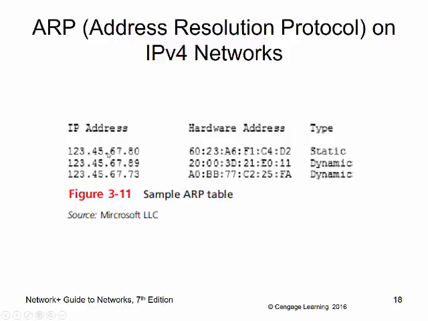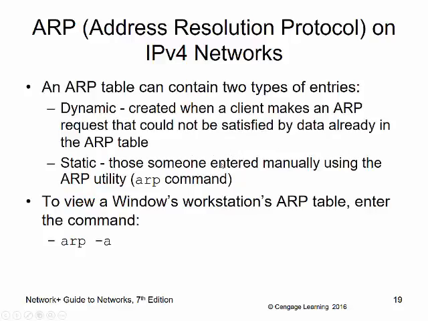A static ARP table entry. That means as long as it has this information, it'll never do an ARP broadcast to resolve those particular addresses. Thing is, layer 3 addresses, IP addresses, they're logical and they're very commonly dynamic, which means they change a lot. So if I have a changing IP address, I really don't want to have a static MAC address in there.